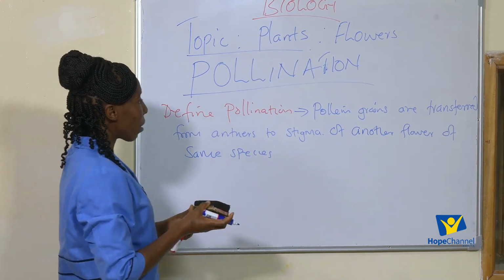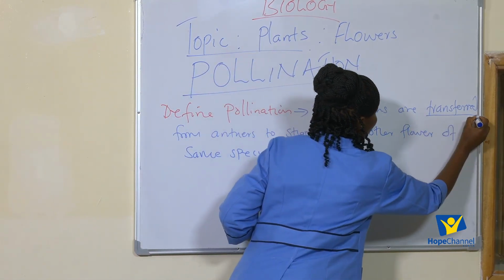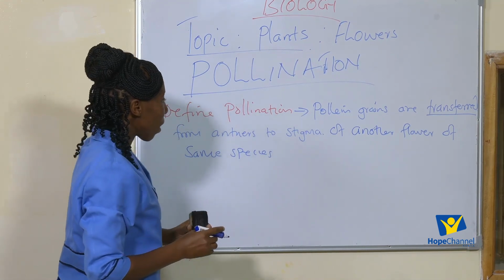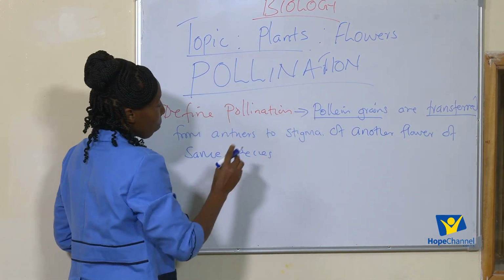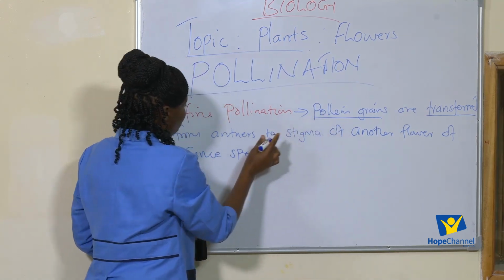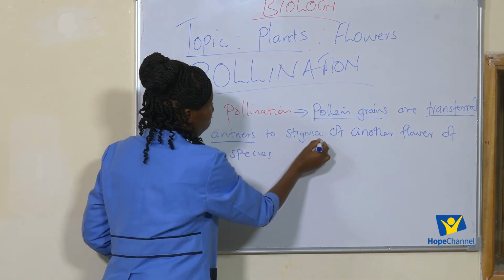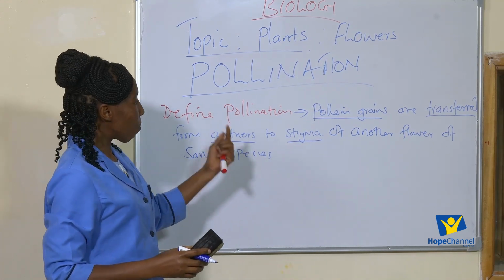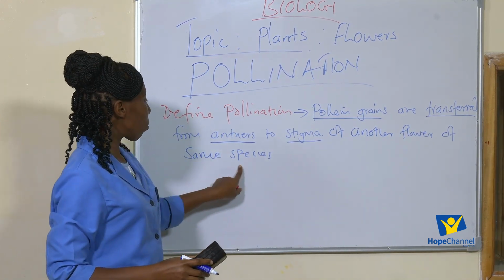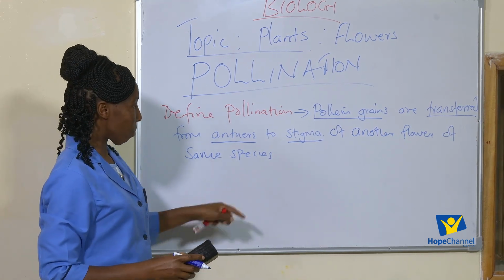The key word is transferring. What are we transferring? We are transferring the pollen grains from the anthers to the stigma of another flower or of the same flower, but the flower should be of the same species.